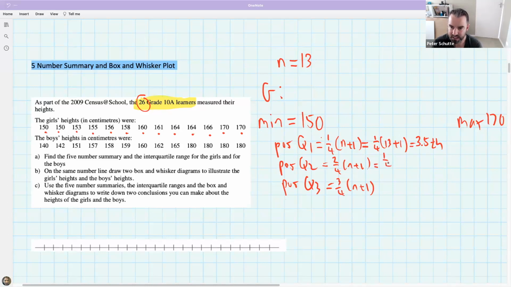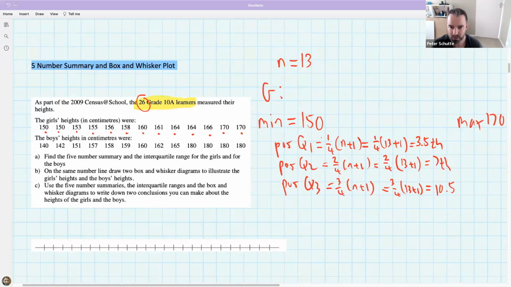Then that's the position of Q1. The position of Q2, and let me slow down a little bit, is going to be the 7th position. And then for this one over here, what's the position of Q3 for girls going to be? Okay, 10.5.